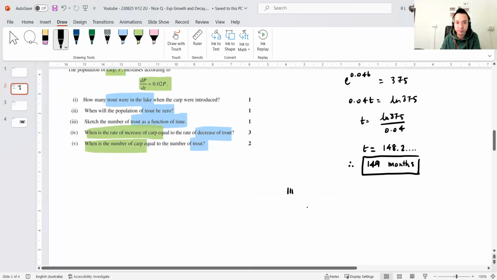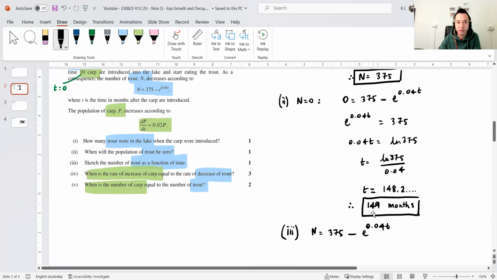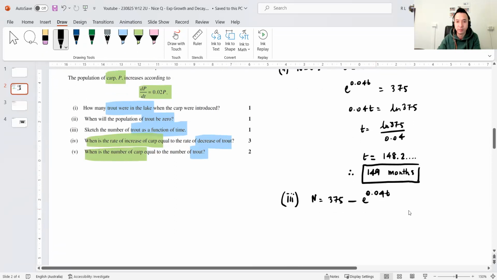I'm sketching N equals 375 minus e to the power of 0.04t. I believe it's negative, is it? No, it's positive, okay, that's fine.